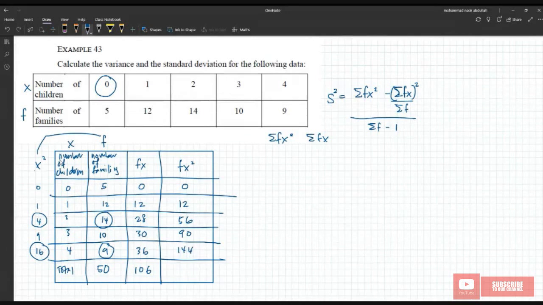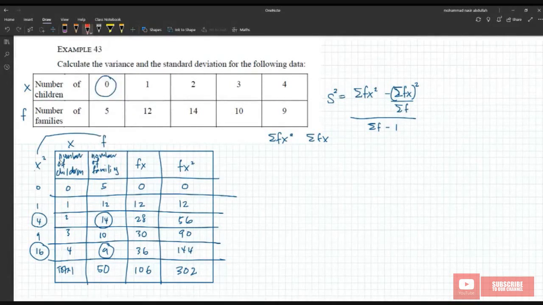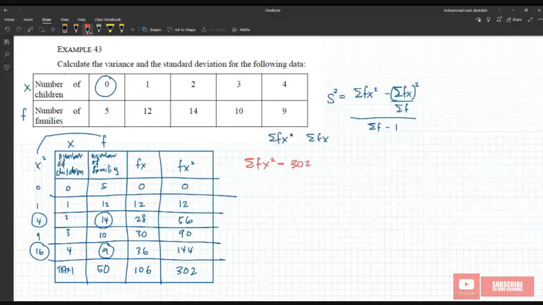Then you add all the values, and you should get 302. Once you calculate each value in the table, you know that the summation of fx square is equal to 302.